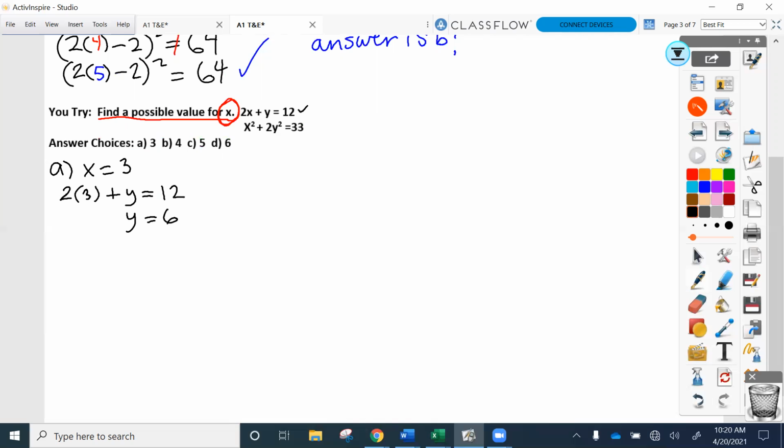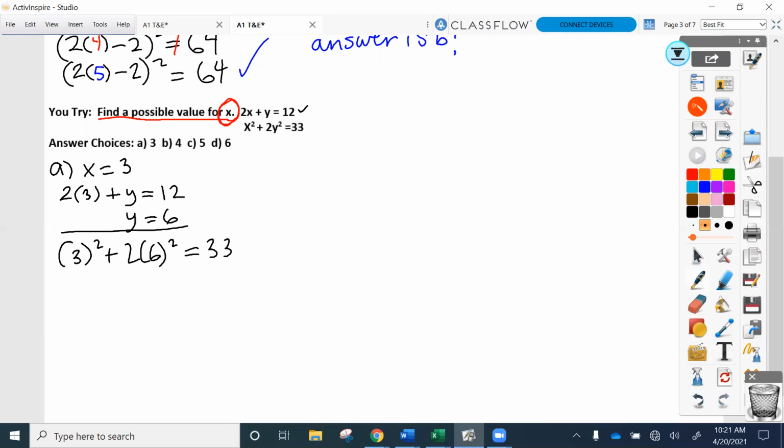So we've already checked the first equation. Let's see if it makes the second equation true. So the second equation is x squared plus 2y squared, does that equal 33? All right, so we're saying that our x is 3, so 3 would go here, and our y is 6. Oops, let's put 6 there.